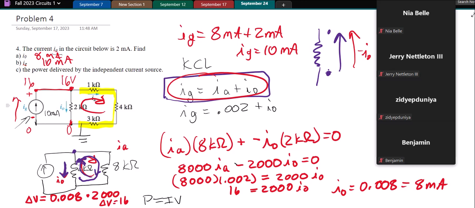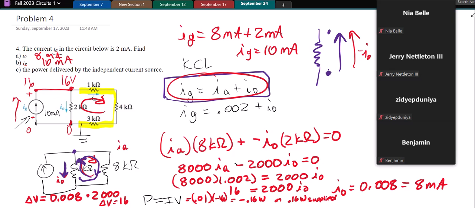And so my power, when I'm looking at this current source, is going to be the current, which was IG, 0.01, times my voltage, which is negative 16. And so that's negative 0.16 watts, or 0.16 watts supplied.